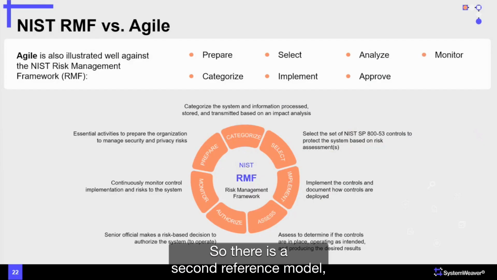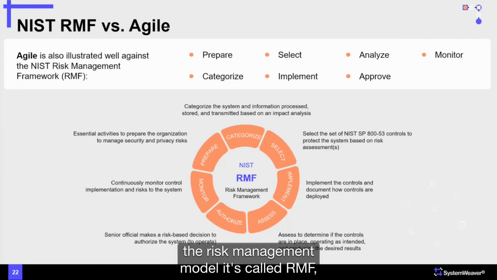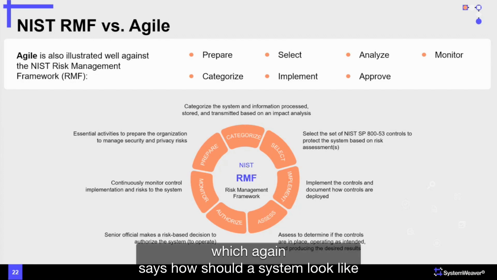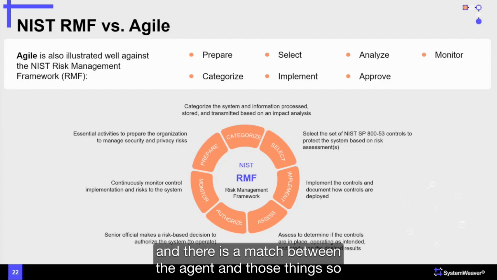So there is a second reference model, the risk management model. It's called RMF, which again says how should a system look like when you develop it. And there is a match between the Agile and those things.